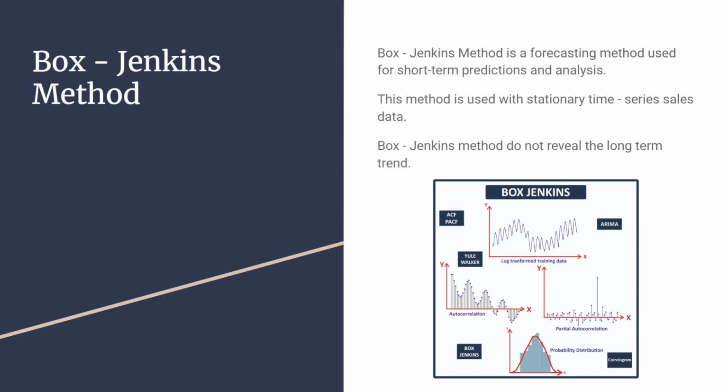And as said earlier, the x variable would be fixed to the time, or any other axis for that matter. And the Box Jenkins method does not reveal the long-term predictions. A few examples for this are ARIMA, ACF, PACF, and so on.